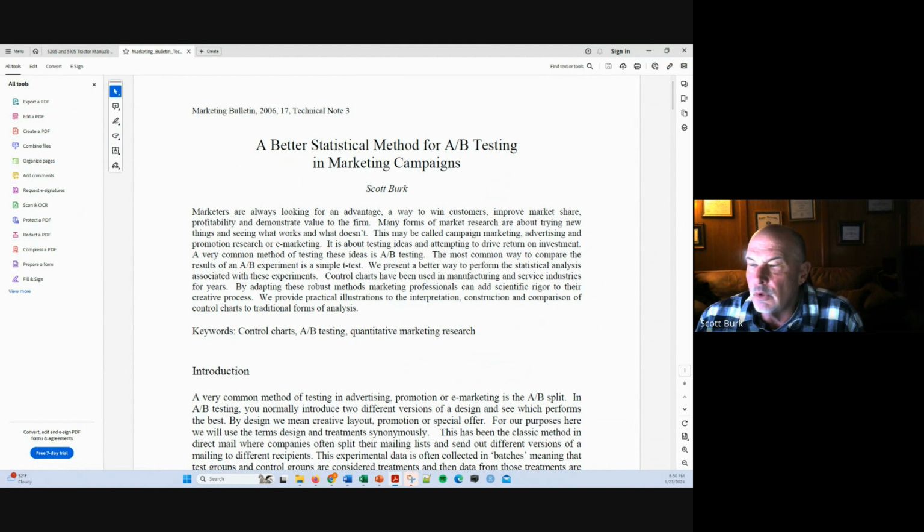So I was working for a large internet retailer, and we were trying to determine what creative is when you put on your website, the different screens and presentation of products that you're selling and everything else.